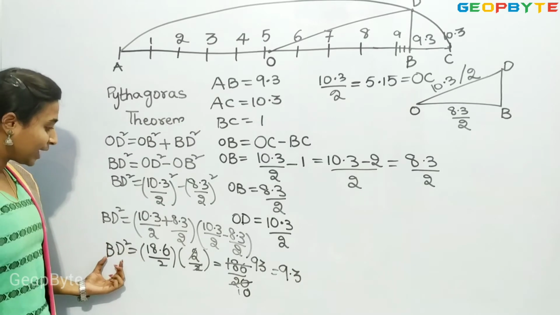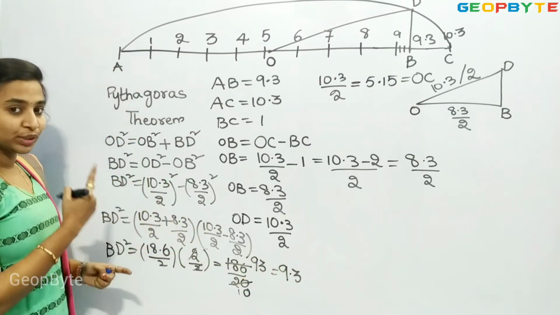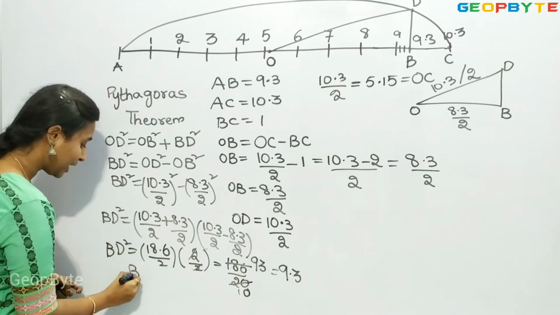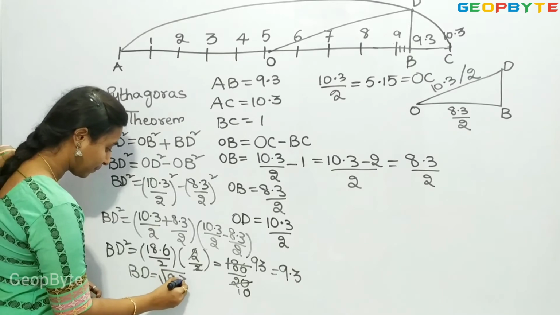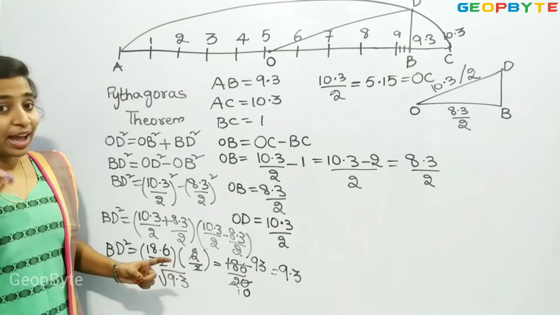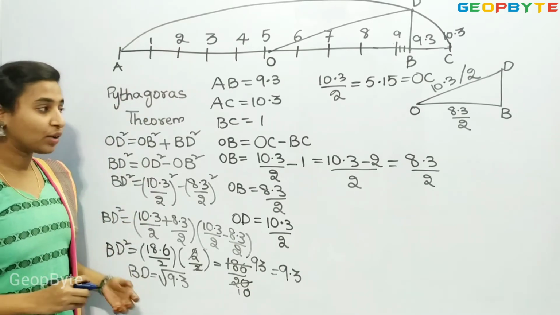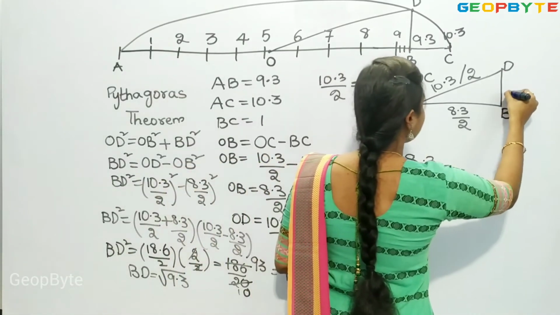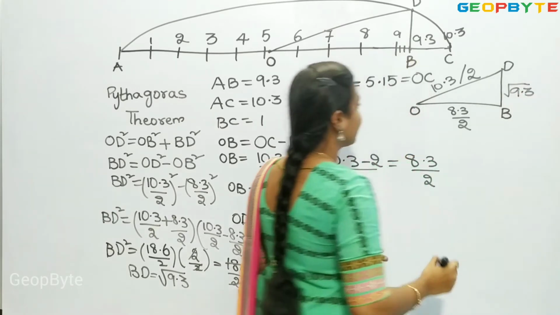So BD square is equal to 9.3. When the square goes to the right hand side, BD is equal to under root 9.3. So we had to represent root 9.3 on the number line, and we found that BD is equal to under root 9.3.